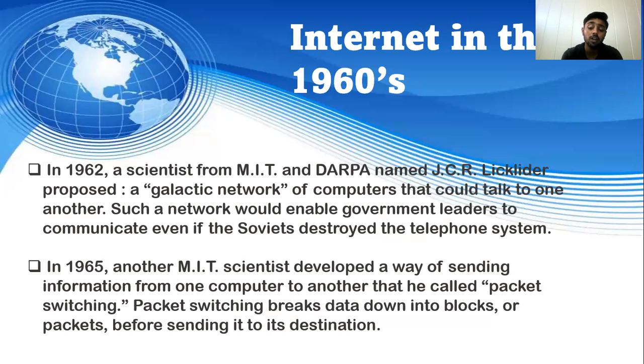Packet switching breaks down the whole data into small blocks, which go through various paths, reach the destination point, and are compiled again, giving the same data at the destination that we sent to the person.